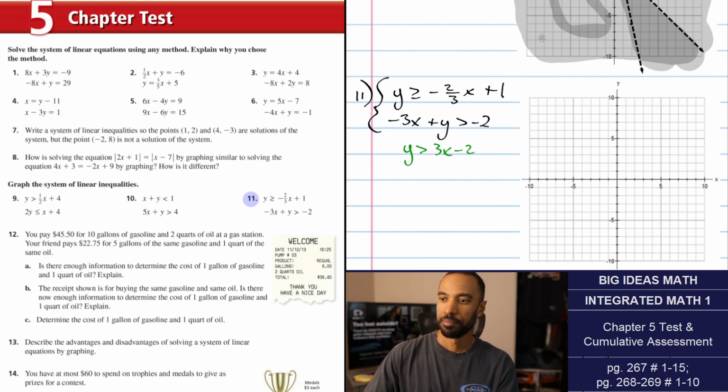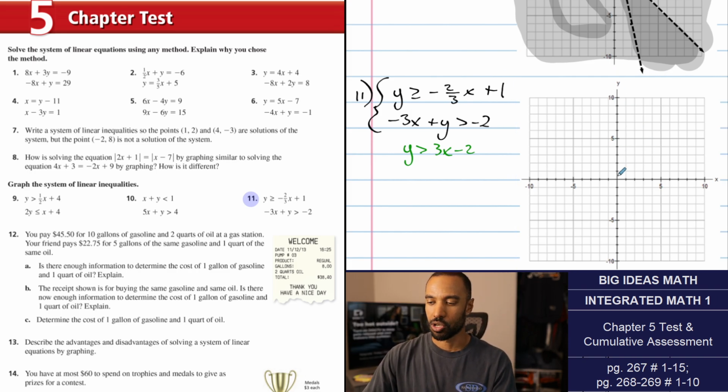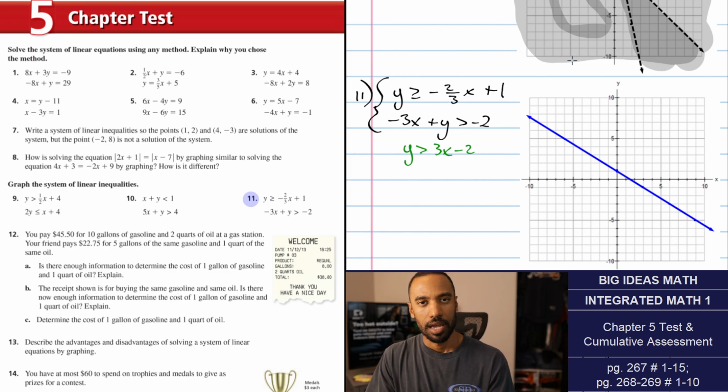This time I'm going to just draw the boundary lines, and then I'll shade at the end. So for the first one, down 2, right 3 looks like that, and up 2, left 3 looks like this. It's a solid line, and eventually I would be shading above. For y is greater than 3x minus 2, that's also shading above, but with a dashed line.